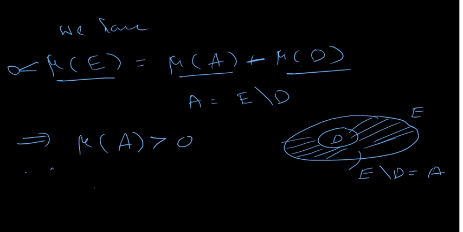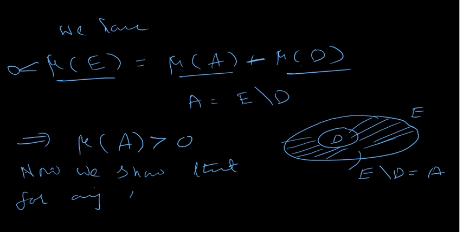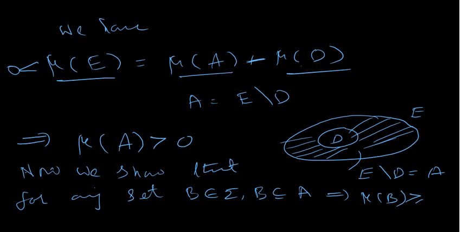Now we show that for any set B belonging to sigma with B a subset of A, this should imply mu of B is greater than or equal to 0, meaning that every subset of A which is a member of sigma also has non-negative measure.